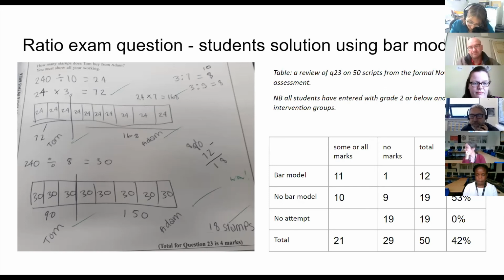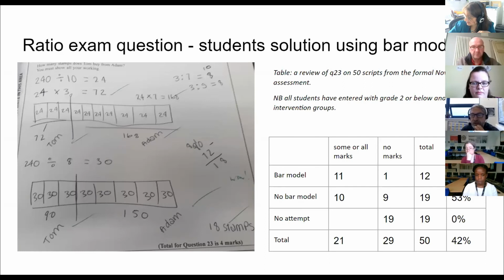But we did a survey as part of some data collection we did for all the topics we use these models for. So this is one example, and I think the thing you can see here is that of the students that we got using the bar model in this assessment, which was a stage forward, a lot of them would use it in class, but not all of them would then use it in assessment, and they got better at that throughout the year as we supported them to do that.